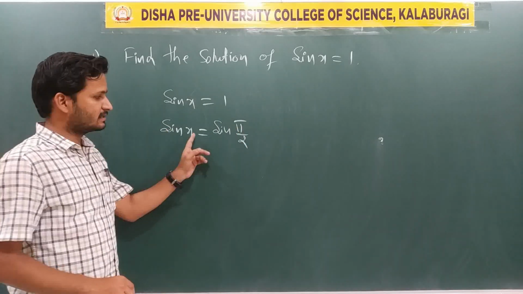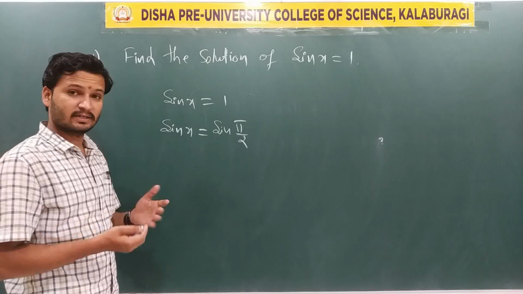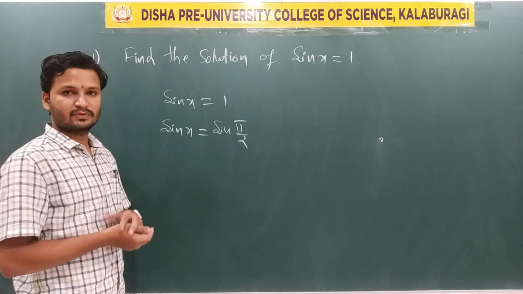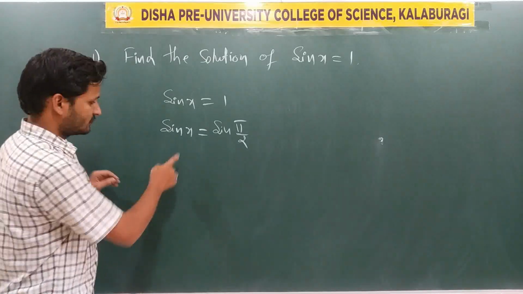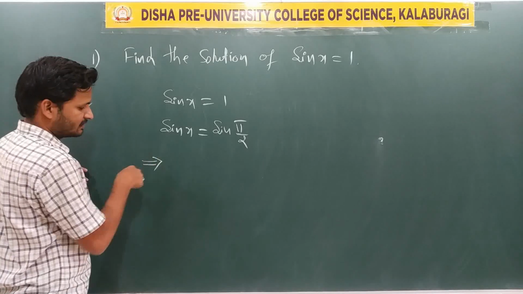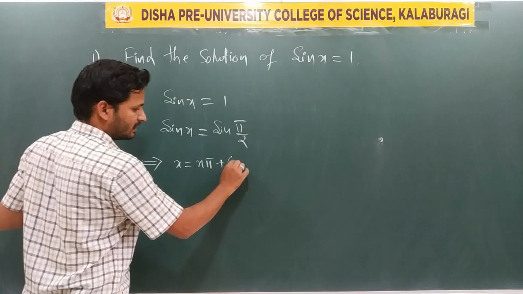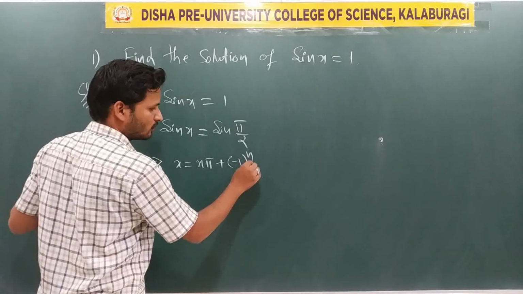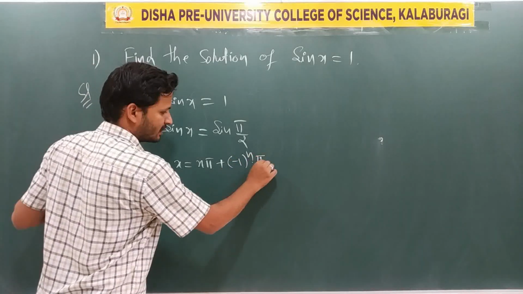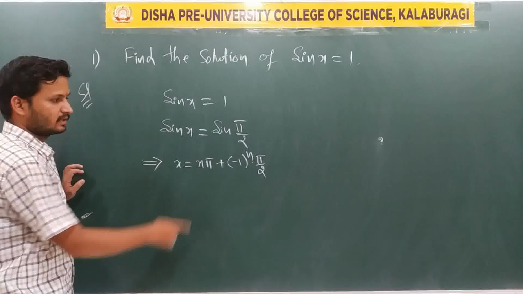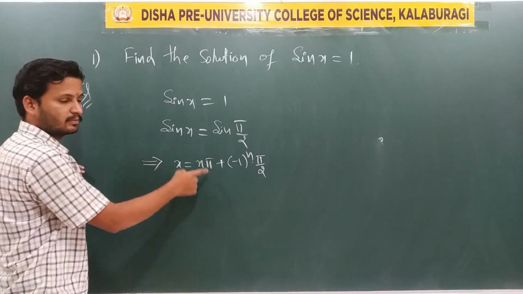If sin x is equal to sin y, then the result is x equals n pi plus minus 1 to the power n into y. Here y is pi by 2. This is because of theorem number 1.